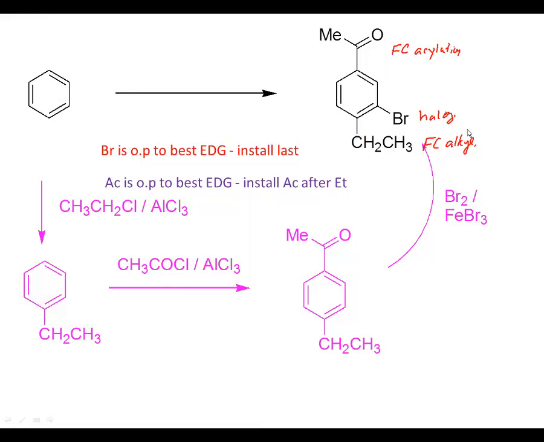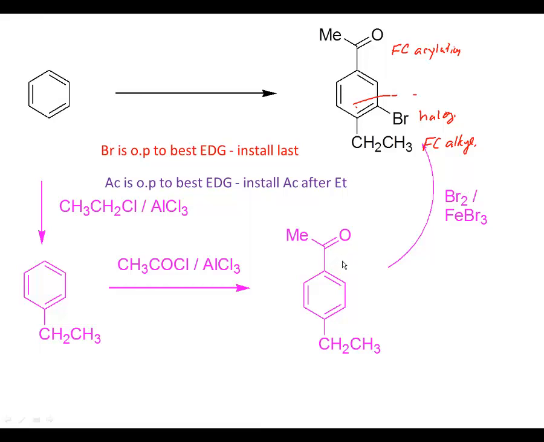Okay, so when we do that, we put the ethyl group into a ring that has nothing, as you see here. React ethyl benzene with these two reagents here to do the Friedel-Crafts acylation.